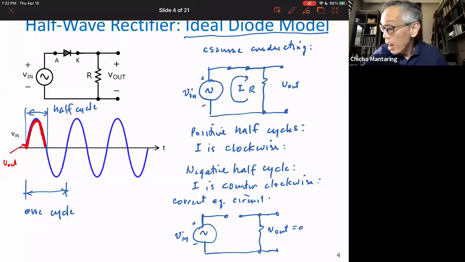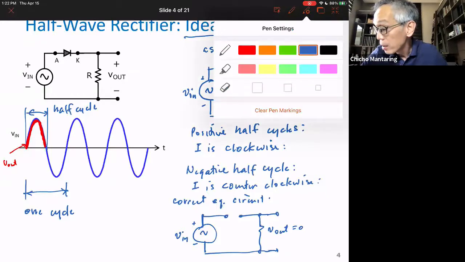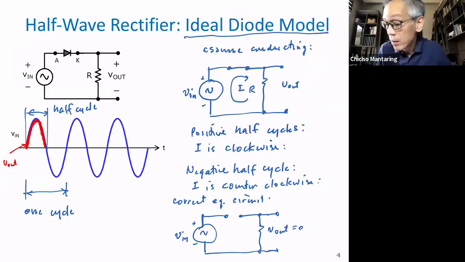So what will our output look like? 0. Okay. So this is now going to be what our output will look like. During the positive half cycle, it just replicates the input. During the negative half cycle, it is just 0.